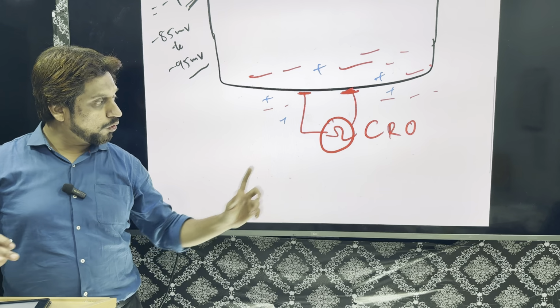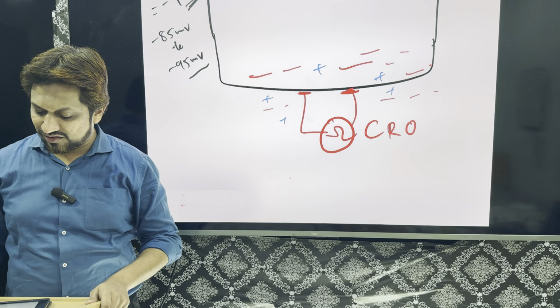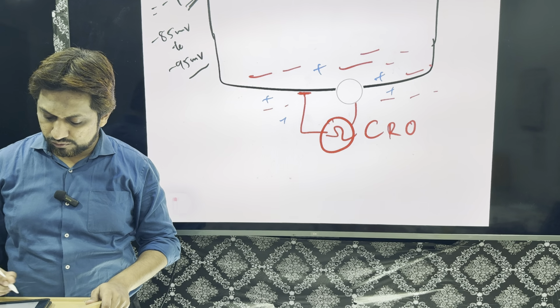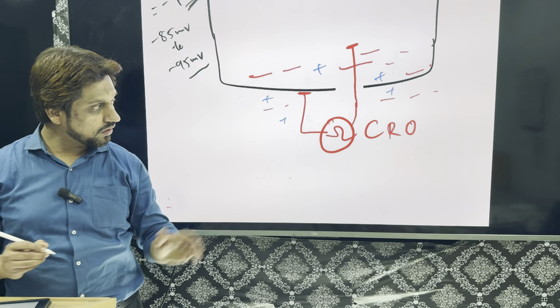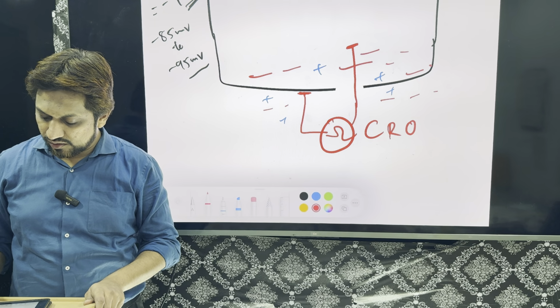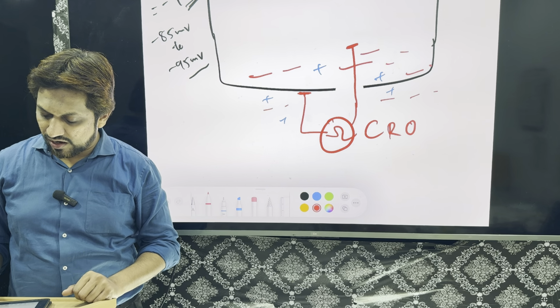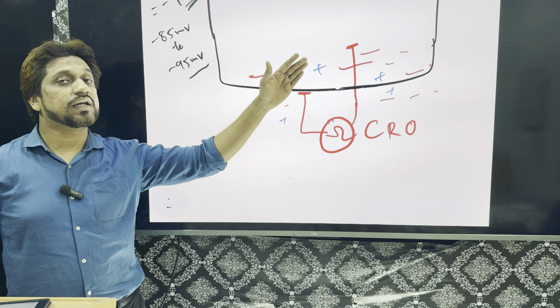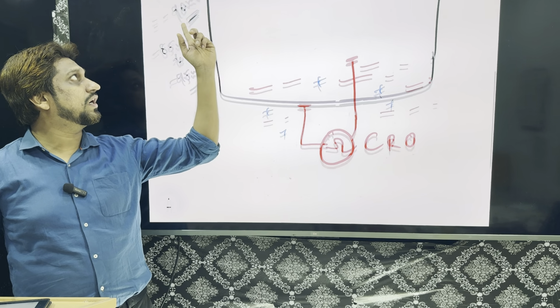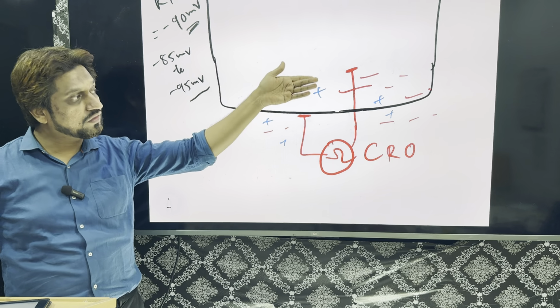But if we put one electrode inside the cell and one on the surface of the cell, now this recording device will record some deflection and it will be negative, that is minus 90 millivolt. It is negative inside with respect to outside.